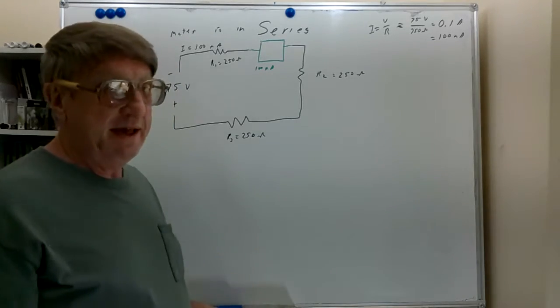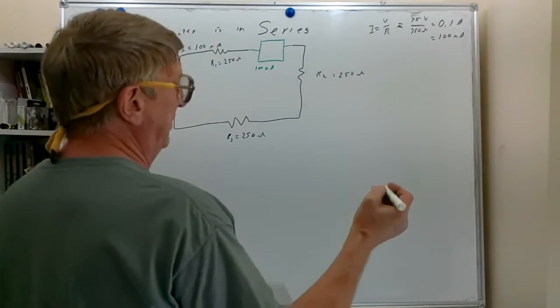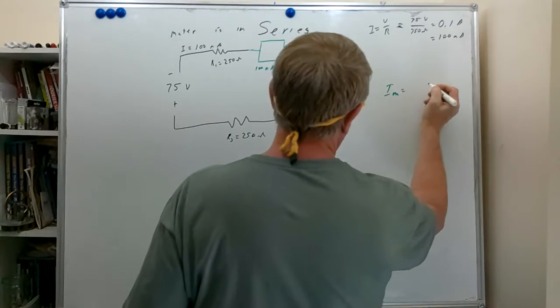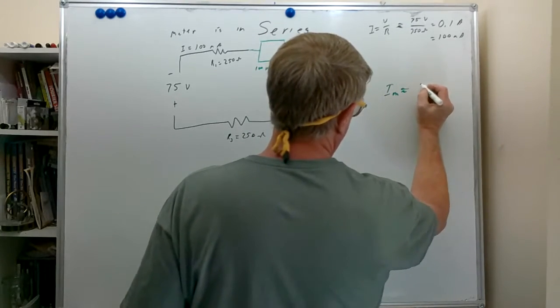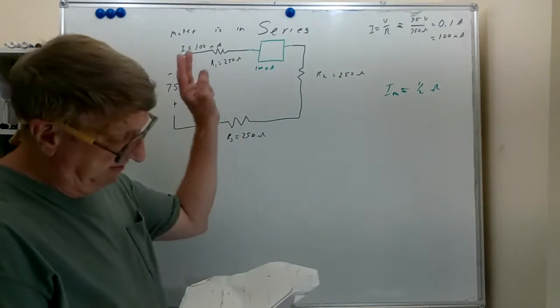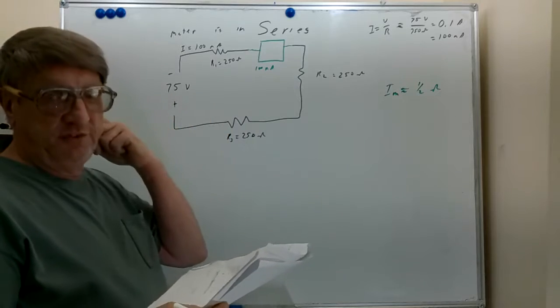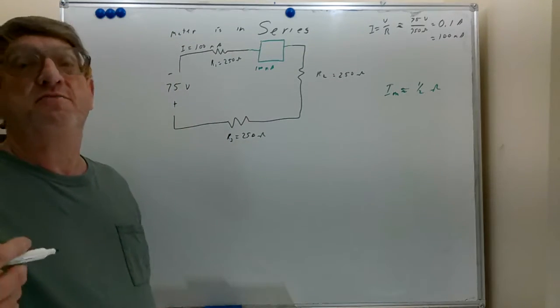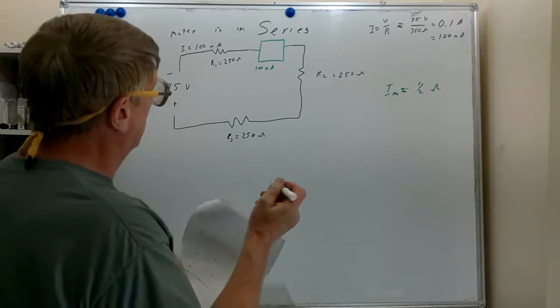So the 100 milliamp meter probably has an IM equal to maybe a half ohm. It's a lower resistance meter. The more current it takes to swing it up to full scale, the less resistance it's going to have, because it isn't going to take as many turns on that coil to get the required torque.